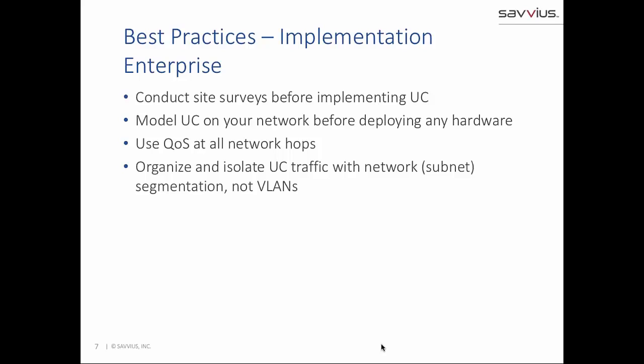It's all going to go out over the internet together, and at that point you've really lost control of the quality elements of that packet transmission until it comes back into your network.